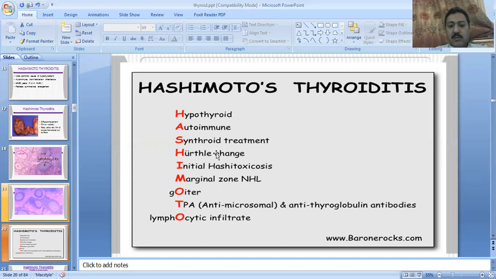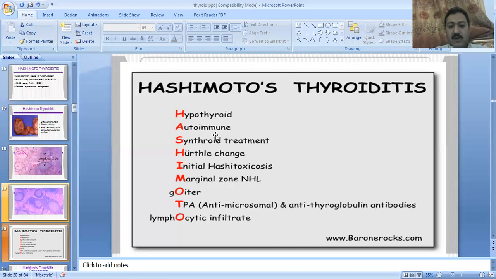In Hurthle cell change, the follicular cells will take on an eosinophilic or pink appearance. The pink appearance of the follicular epithelial cells of the thyroid is called Hurthle cell change. Initially, there is Hashitoxicosis or thyrotoxicosis or hyperthyroidism, and its complication will cause marginal zone lymphoma.